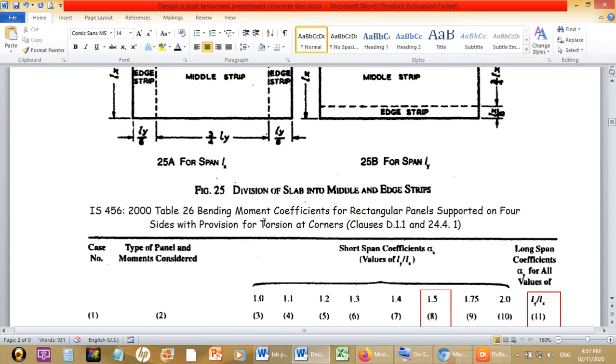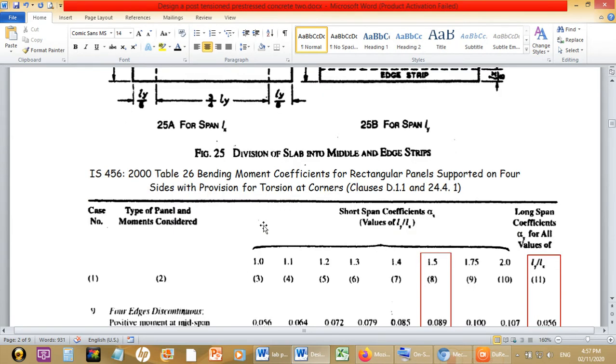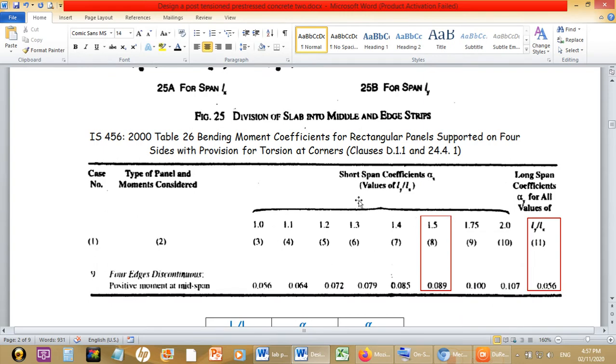And table 26 of IS 456 2000 is going to give the values of coefficients of moment alpha x and alpha y. So how do we get the alpha x and alpha y values? Here is the screenshot taken from the IS code, table 26. First of all, we get the values of alpha x and alpha y by using the support condition. For this given numerical, it is said that all edges are discontinuous.